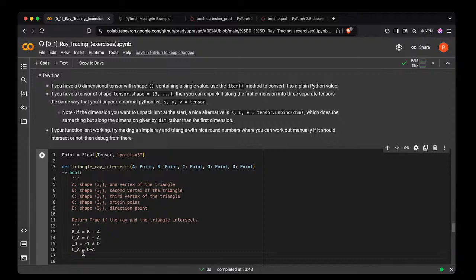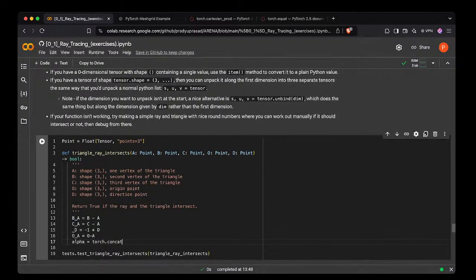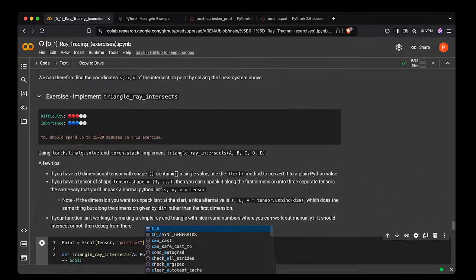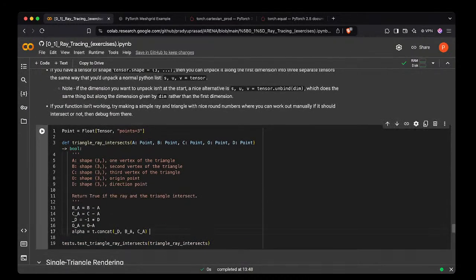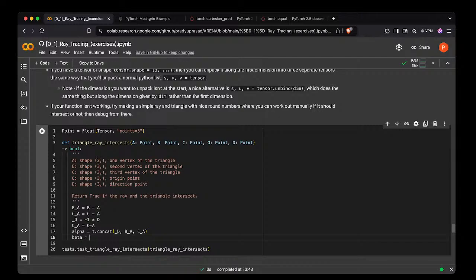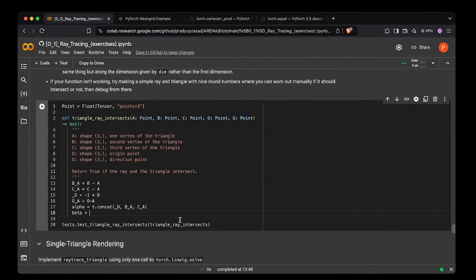Okay. Right? So alpha is equal to T dot concatenate underscore D, comma B underscore A, and then C underscore A. Correct? And then we get to this one, which is beta equals just my O underscore A.